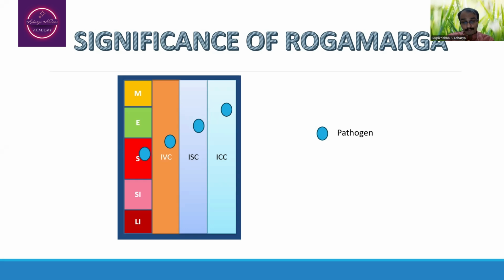Then, if the pathogens are present even inside the cell, they have to be brought into the interstitial compartment. That has to be brought into the intravascular compartment. That has to be brought into the stomach. Then it has to be eliminated via the mouth in the form of vamana.